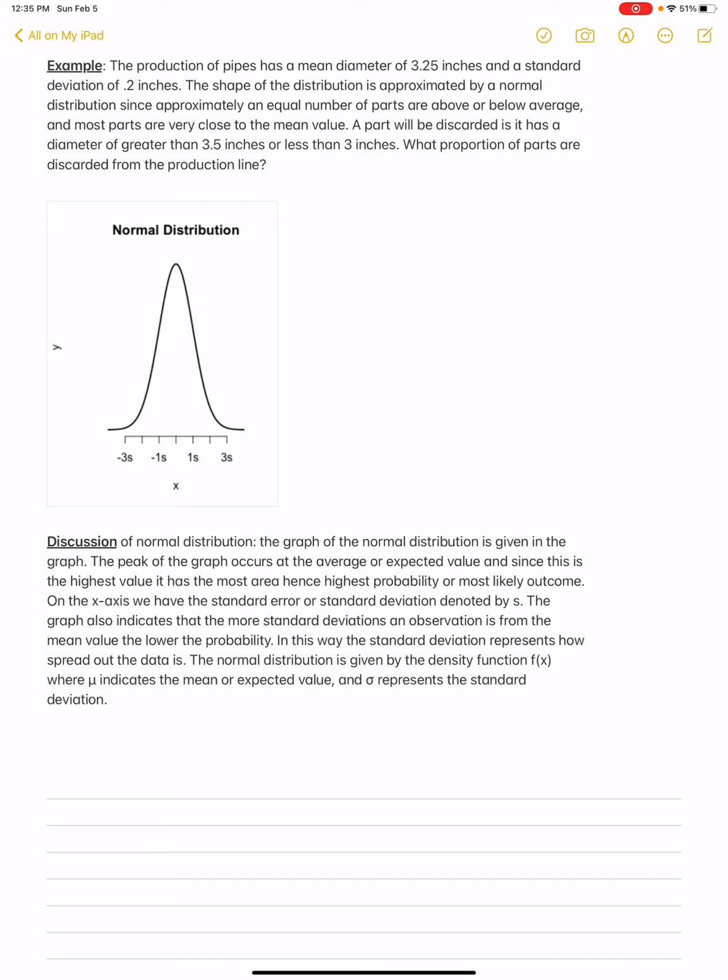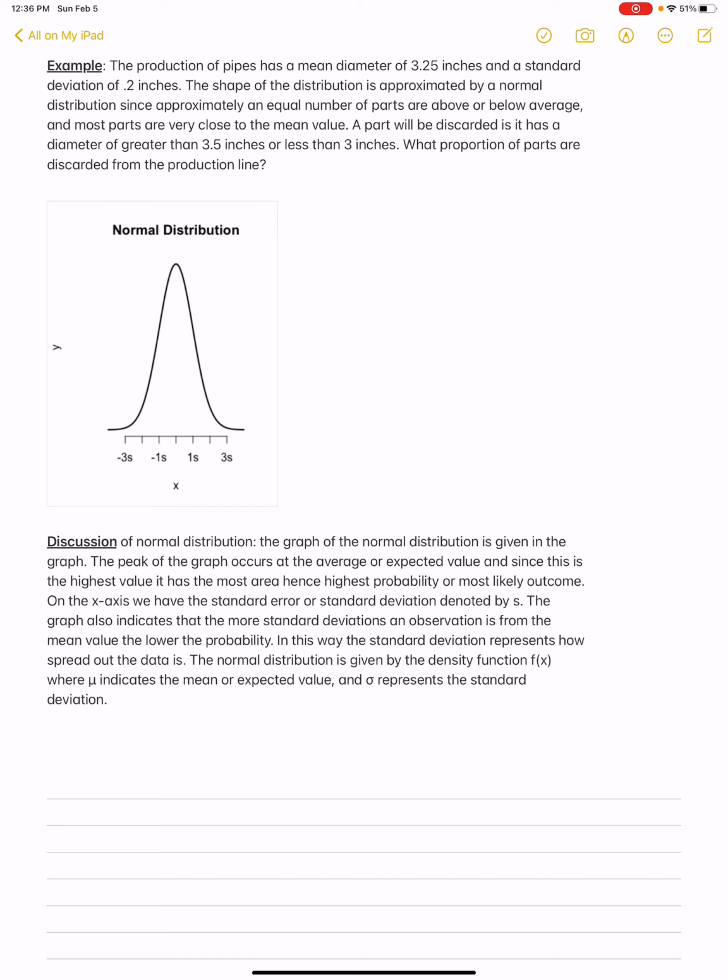If you measure it, it might be 3.2498 inches, for example. And so there's also some variation because not everything is exact. There's variation in the diameter. We're told the variation here is 0.2 inches.